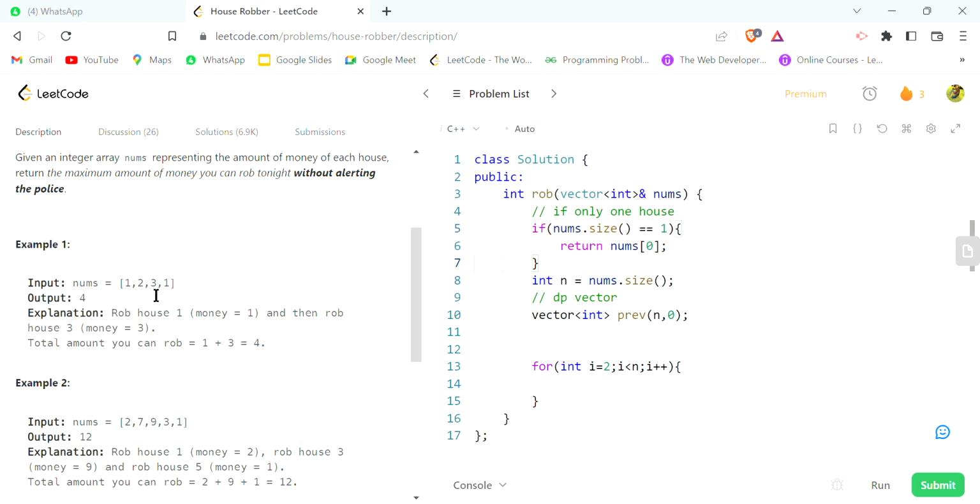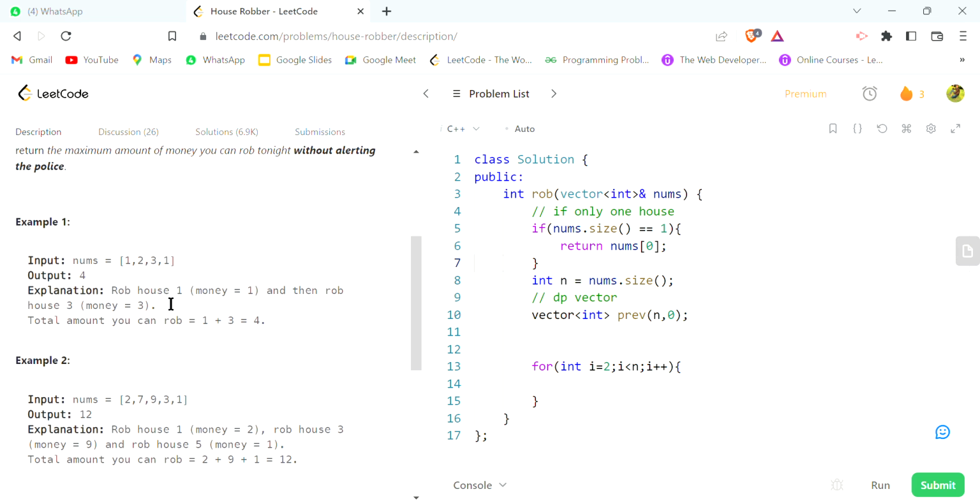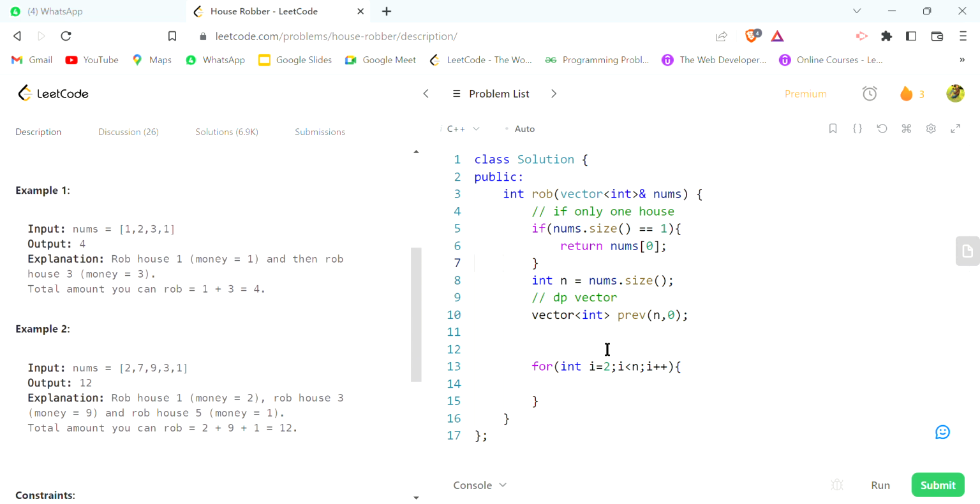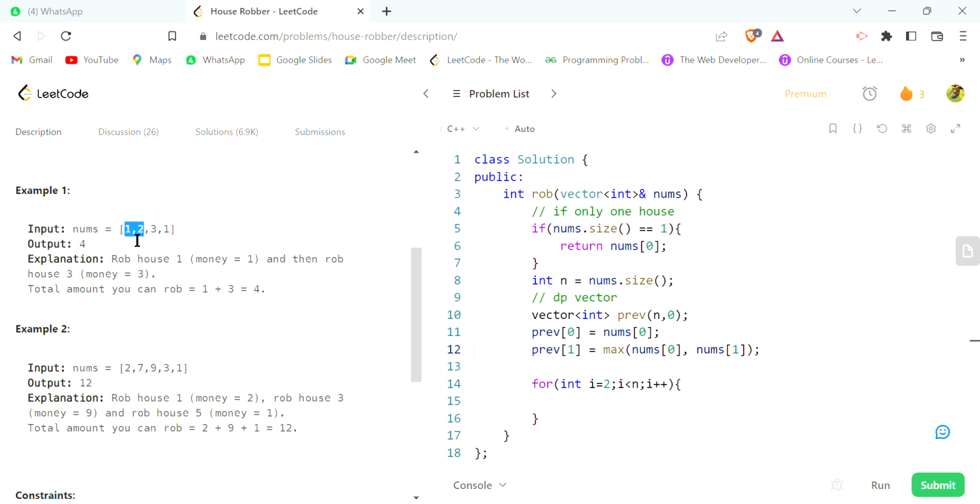If we have only two houses, how do we move further for n houses? We initialize the first with the nums 0 element, and the first index element should be the maximum of nums 0 and nums 1, because if we have only two houses, we take the one with the maximum profit.